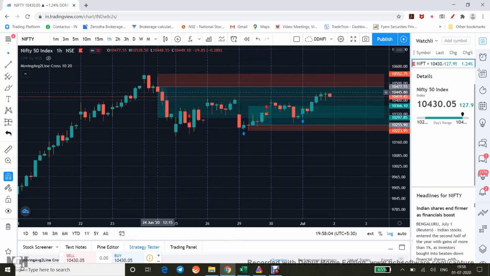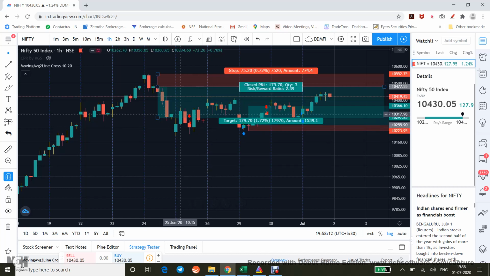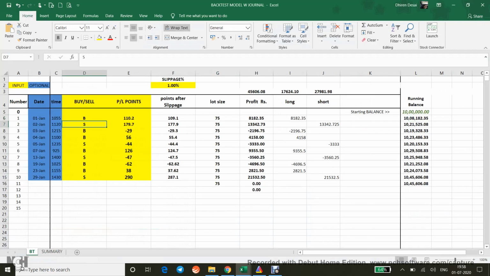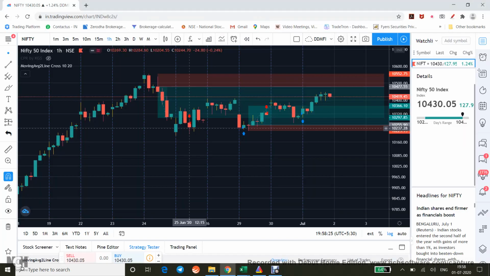You would have ridden the short wave, and maybe next day you would have got out over this hourly candle, or you'll keep on going further down. Here typically you would have made around 179 points. So all you need to do again is mention 179.7, and you have your approximate profit per lot.